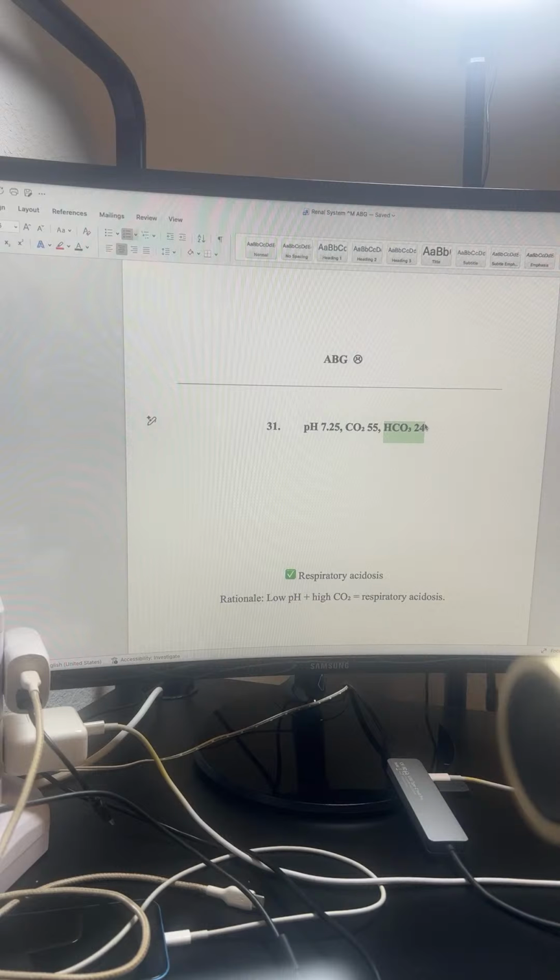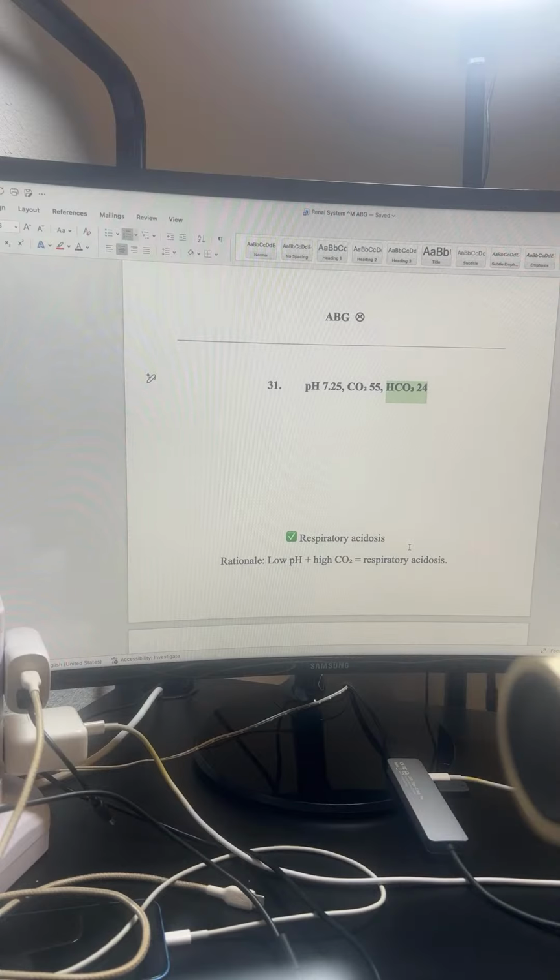What's your normal for your bicarb? 22 to 26. So this is normal, so you can just eliminate this and focus on the other 2 to get your answer.